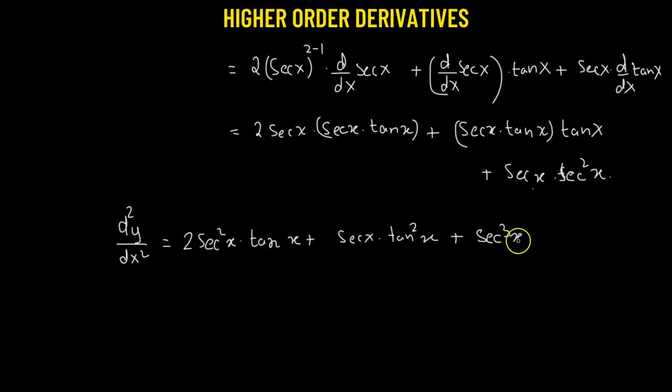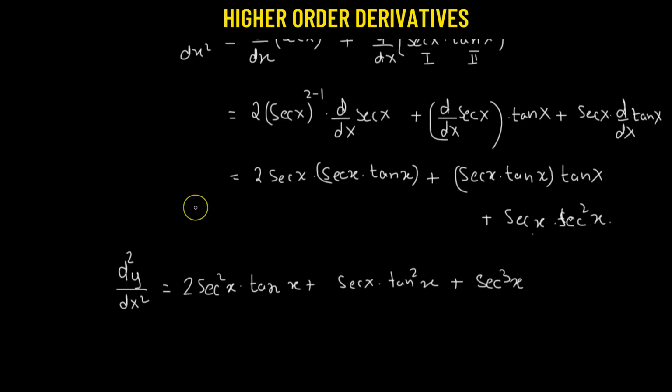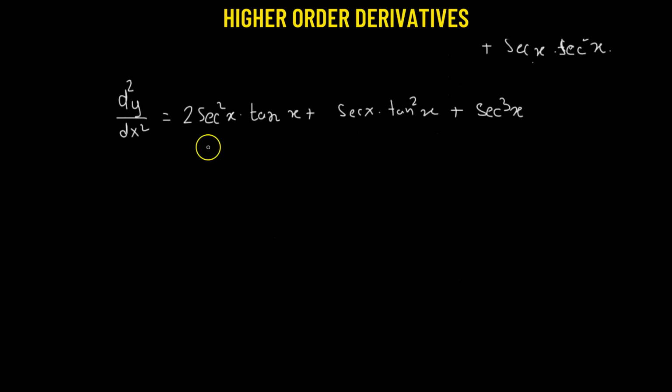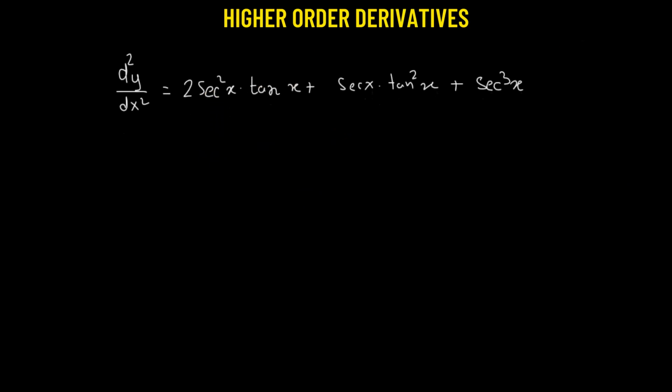so that becomes secant cubed x. Now, in our problem, we can see that the second derivative of y with respect to x is given in terms of cosine and sine. So what we'll do is combine all the secant and tangent into the respective sines and cosines. So this will be equal to 2 times, so we have secant squared x, which is the reciprocal of the cosine squared function.